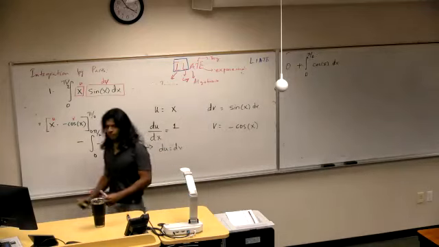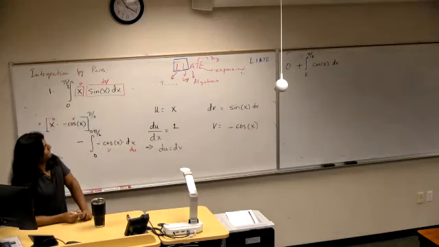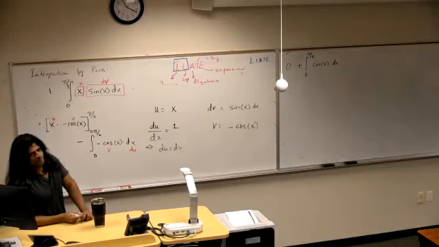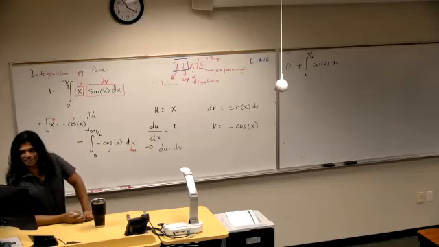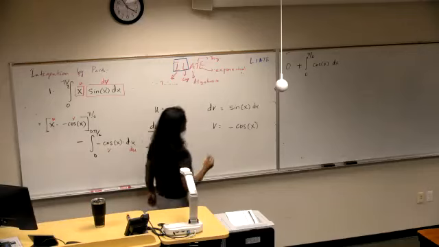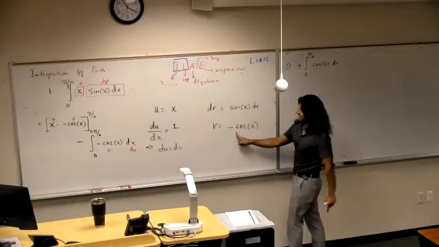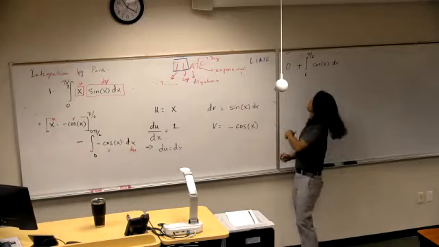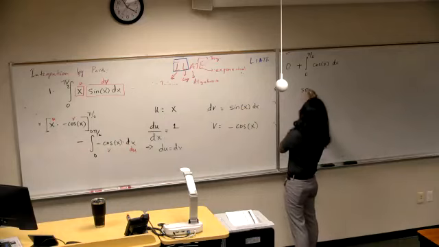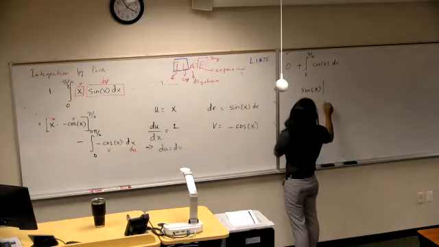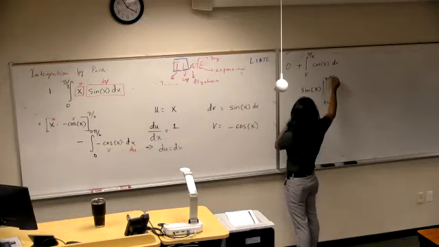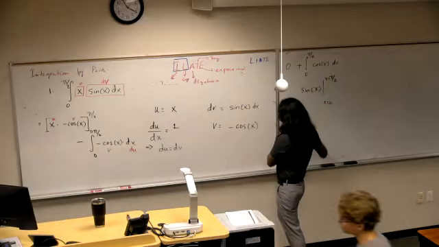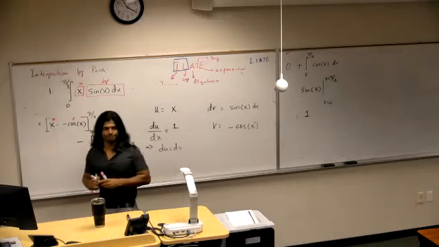What is the integral of cosine x? Sine x. What did I say, negative cosine? Negative, and there is a negative outside, so minus minus. Integral would be sine x, lower limit, upper limit. What is the answer? Sine pi over 2, it is 1.